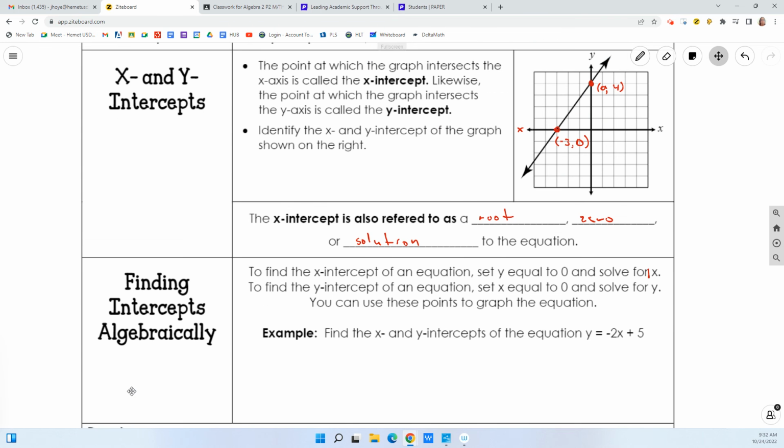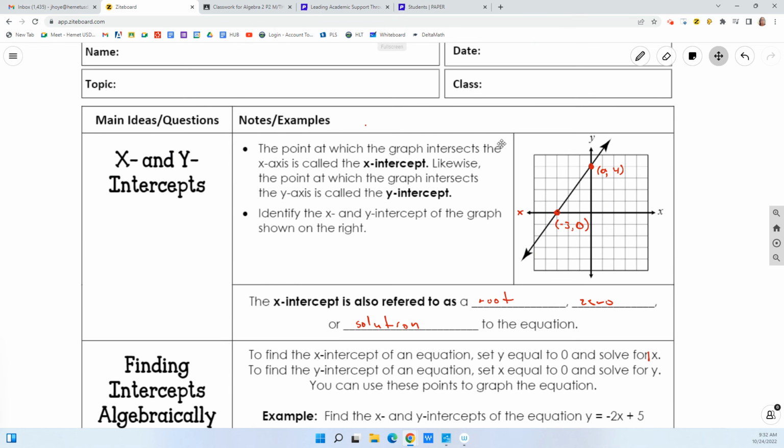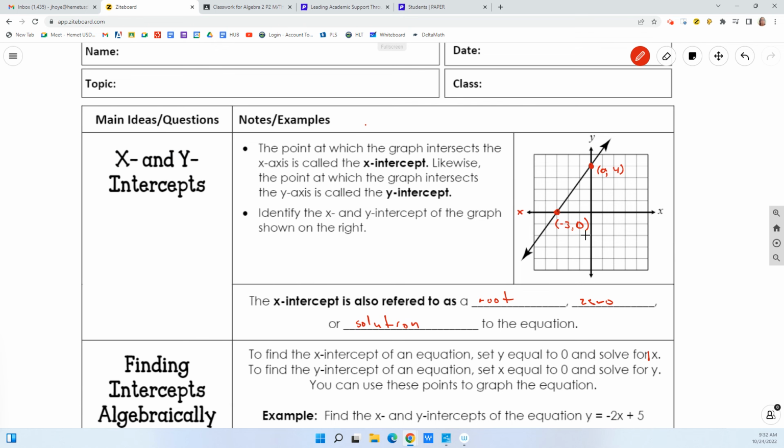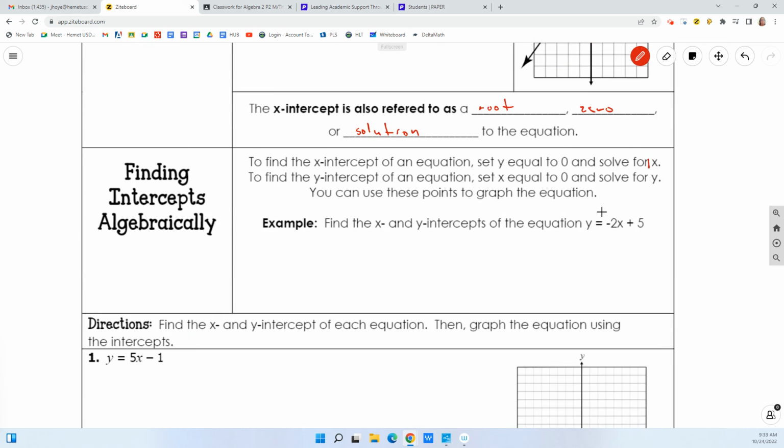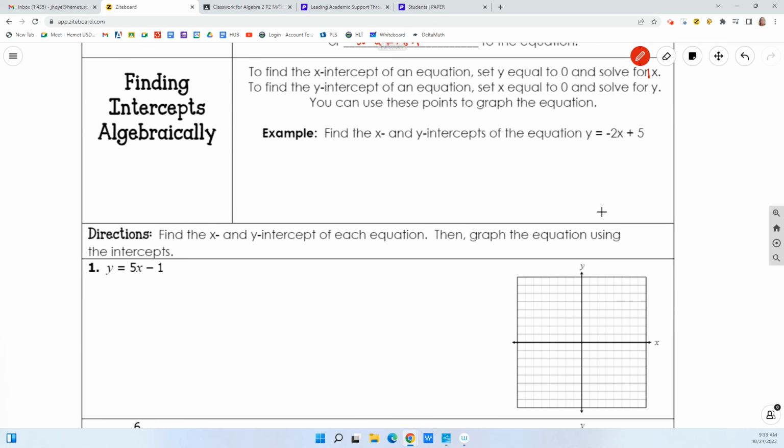And if we look up at this, it says to find the x-intercept, we set y equal to 0. Well, that makes sense, right? When you realize that on this line that is x, every point is going to have a y of 0. And that means something algebraically, right? That means that I can set y equal to 0 and then solve and find where that x is going to cross.